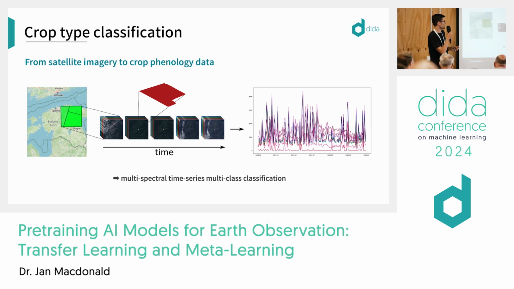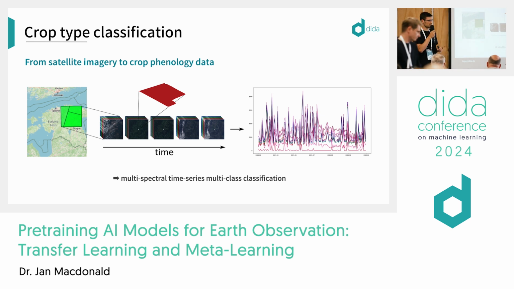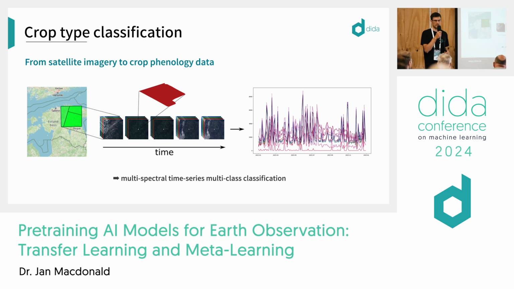The common way to do this is so-called median aggregation. What this means is that for each of the time steps and for each of the spectral bands, we look at all the pixels that lie within the boundary of the parcel and just take the median value of that.